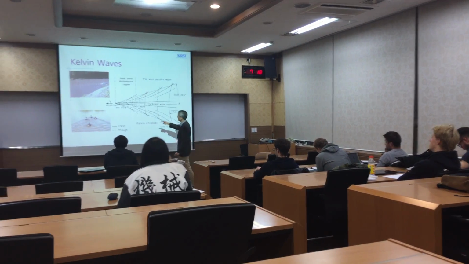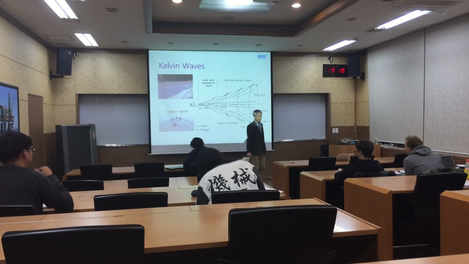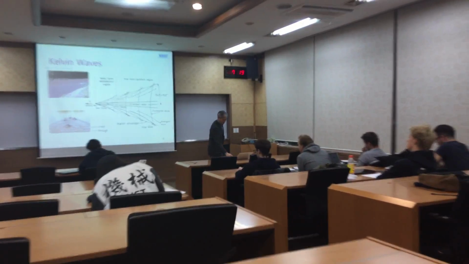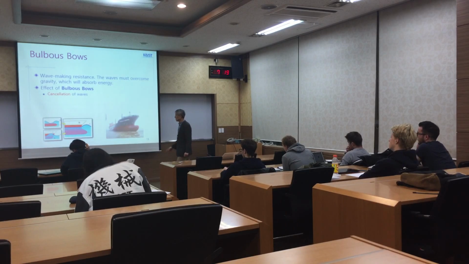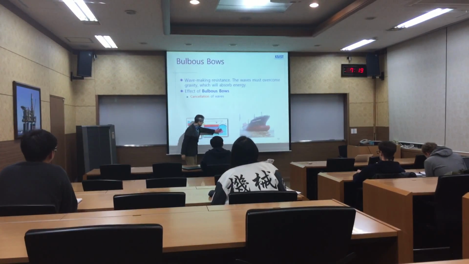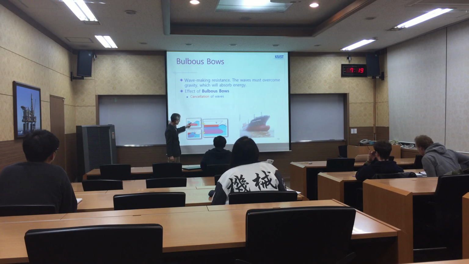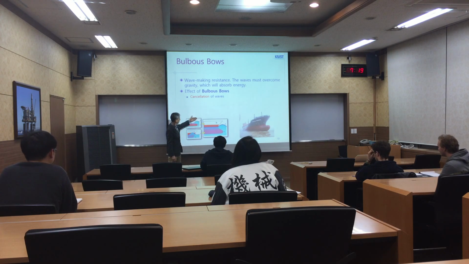Bow wave patterns coming. But by designing the bulb, this is bulb. Bulb is simplified as an additional cylinder. Right? So coming together, this one creates another wave.